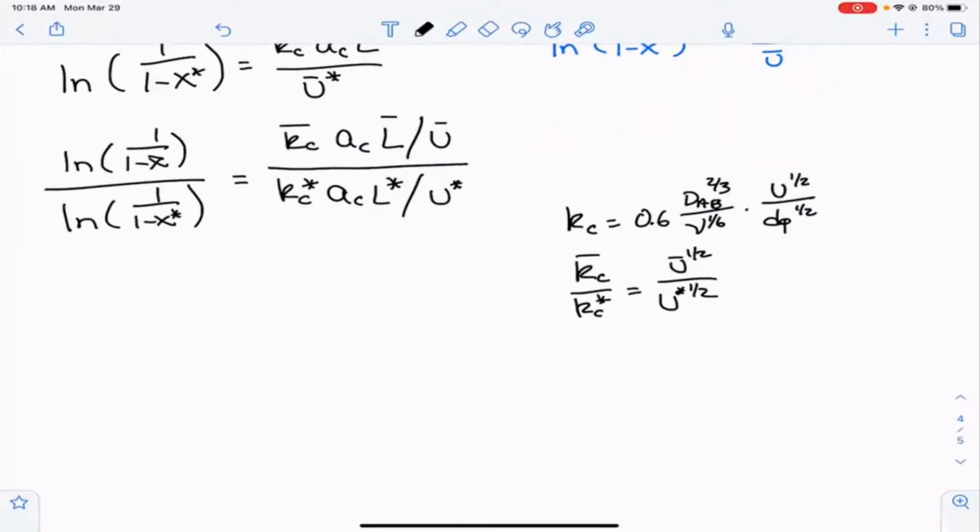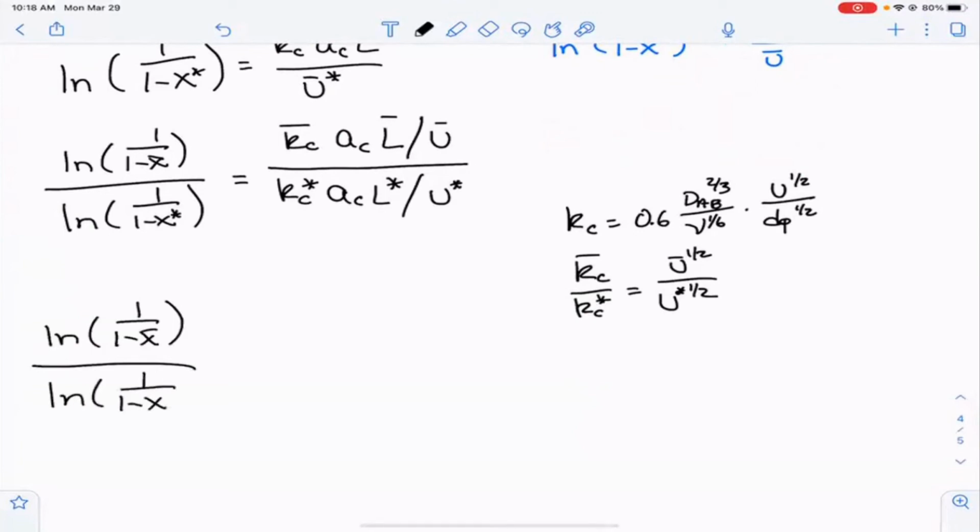So that transforms our relationship just a little bit. Now the left-hand side, the natural log of 1 over 1 minus x bar over the natural log of 1 over 1 minus x star, is going to equal this ratio of Kc bar over Kc star. So this is U bar to the 1/2 over U star to the 1/2 times, now the ACs are the same, because we're going to have the same reactor, so those cancel.